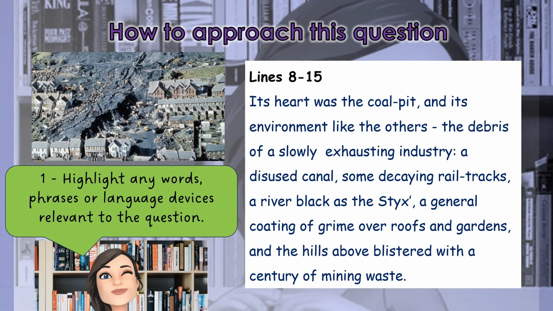So looking at the lines 8 to 15, its heart was the coal pit and its environment like the others, the debris of a slowly exhausting industry, a disused canal, some decaying rail tracks, a river black as the Styx, a general coating of grime over roofs and gardens, and the hills above blistered with a century of mining waste. Pause the video here and try and see if you can highlight any words, phrases or language devices that tell us how the writer uses language to describe the village.